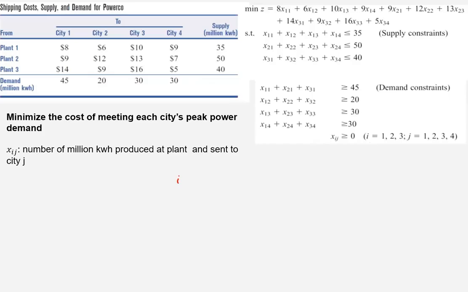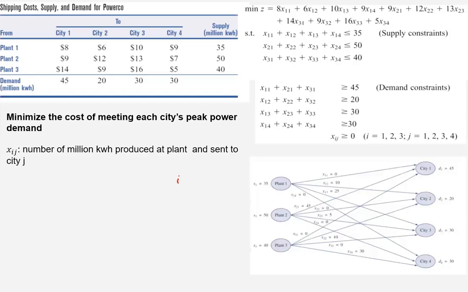So this is also a transportation problem. In any problem where you see a similar structure, you would call it a transportation problem, although here we're transporting power. And then you can show it on this graph, where the nodes on the left are the suppliers and the nodes on the right are the demand points, or the cities.